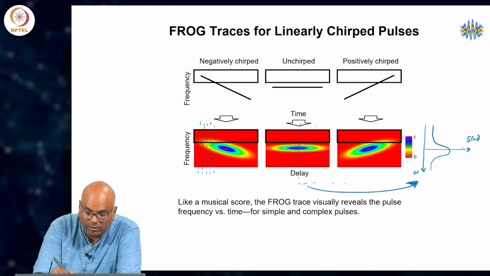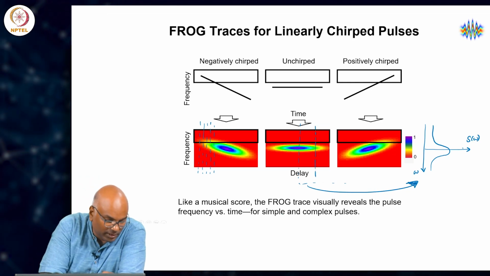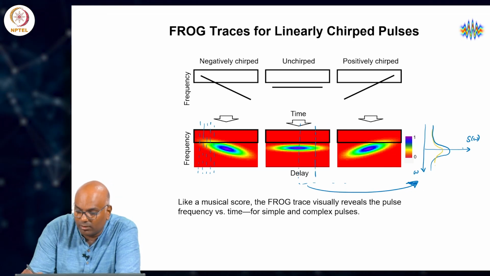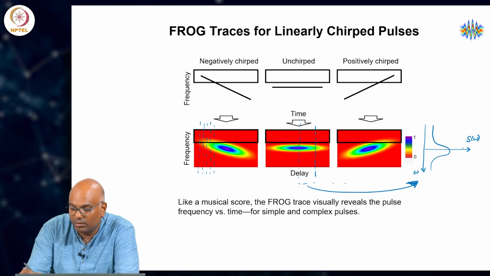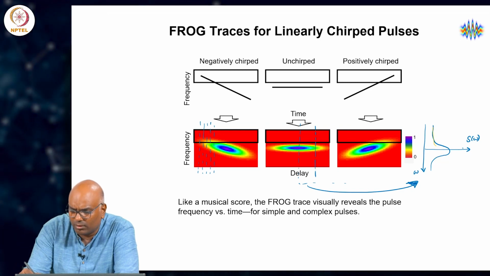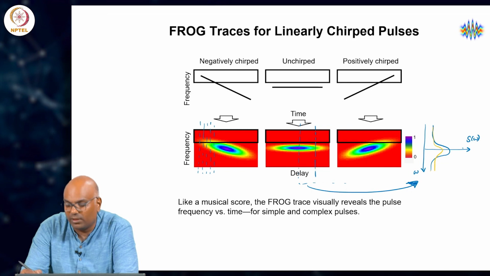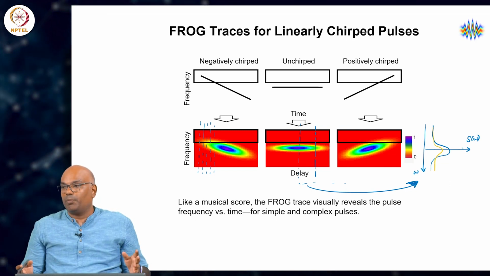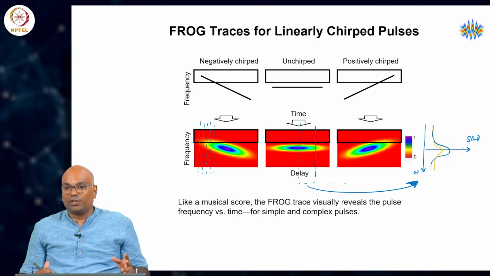If I took another line cut over here, the spectrum could have been say something like that. So, it is a 2D carpet of spectra measured as a function of delay.